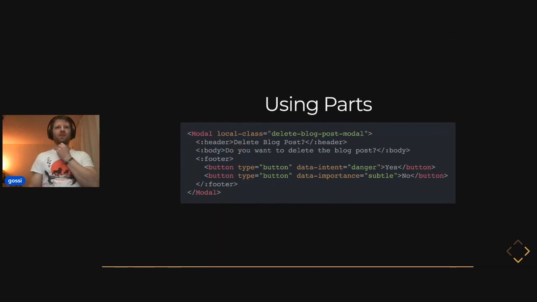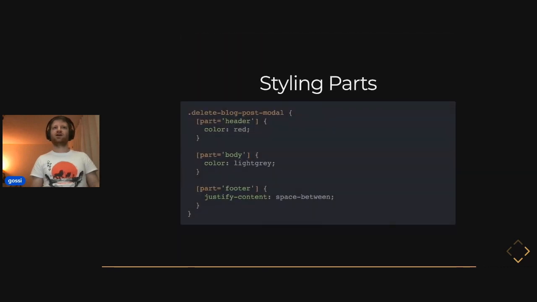So how do we use them? Here we invoke the modal component. We apply our class, the delete blog post modal. We make use of named blocks: header, body, and footer. And now when we look into the CSS for it, we can actually style them accordingly. We use our class names and then use the attribute selector to select the part and then the name.